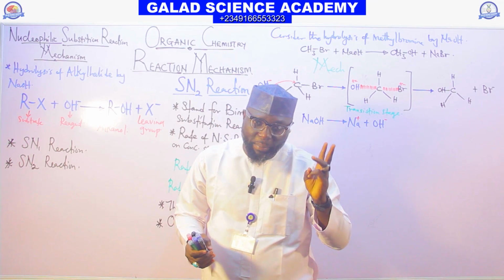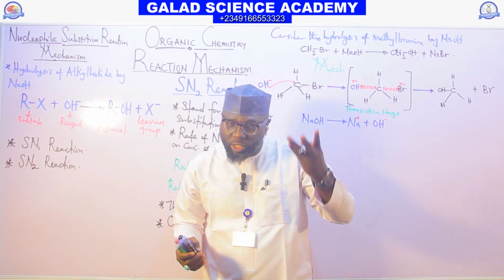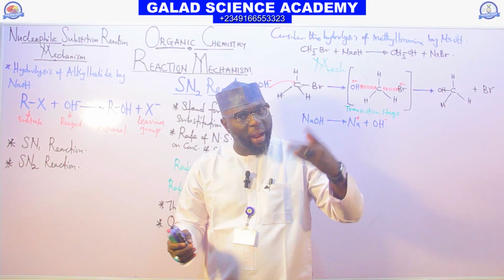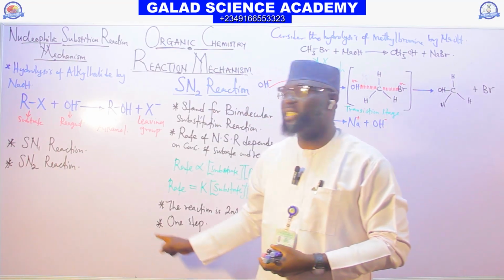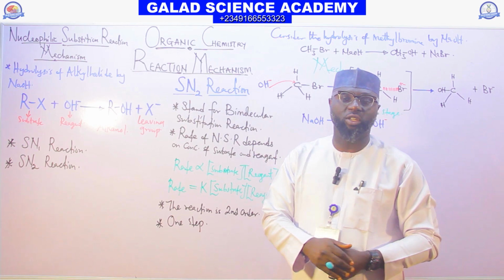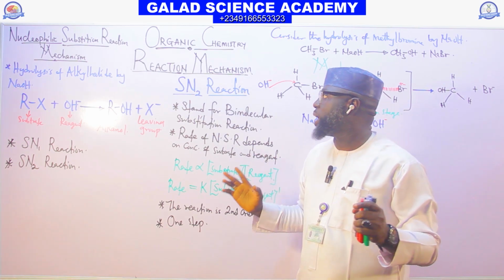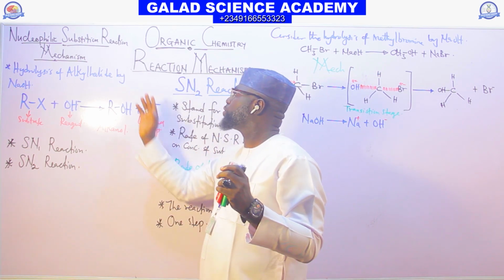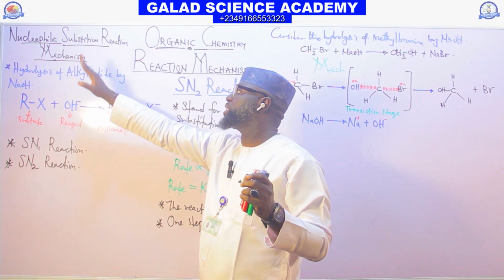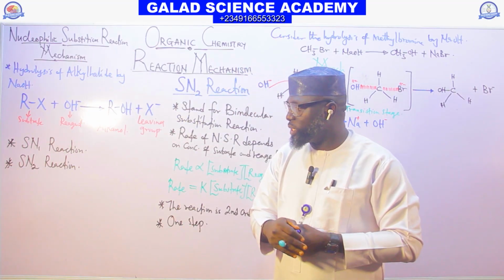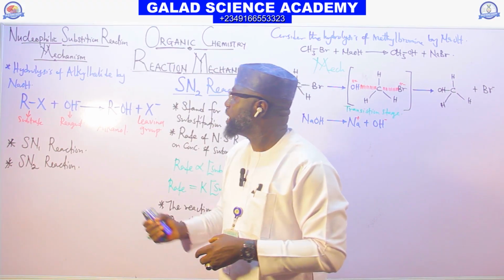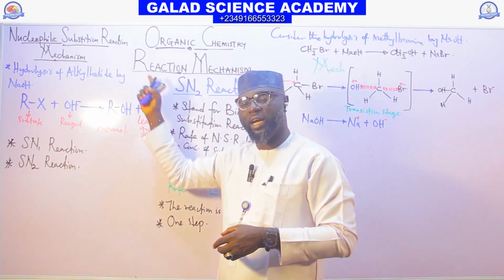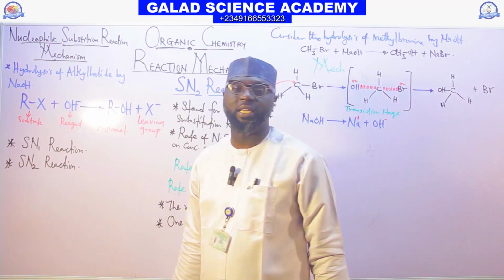If it's initiated by electrophile, electrophilic substitution reaction. By nucleophile, nucleophilic substitution reaction, and we have SN1 and SN2 reaction. So that is all about the mechanism of nucleophilic substitution reaction. The next one that we are going to move towards is elimination reaction mechanism.